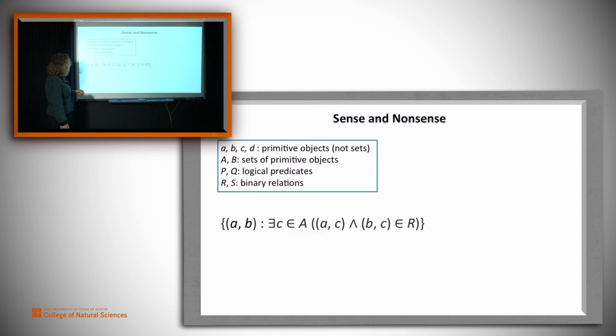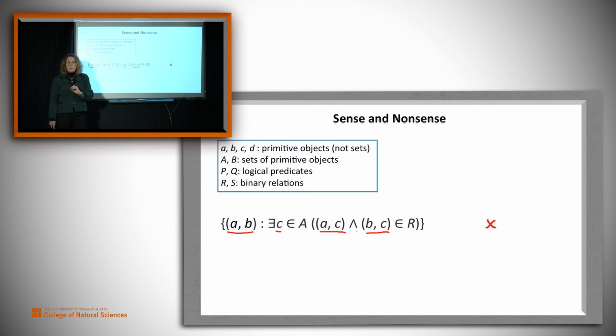All right, let's look at this one. Now we're going to define a set, and we're going to say it's the set of all AB pairs such that there exists some third element C that's in A, such that what? AC and BC are in R. That is nonsense.